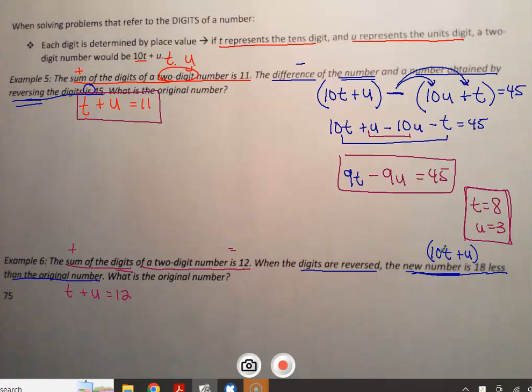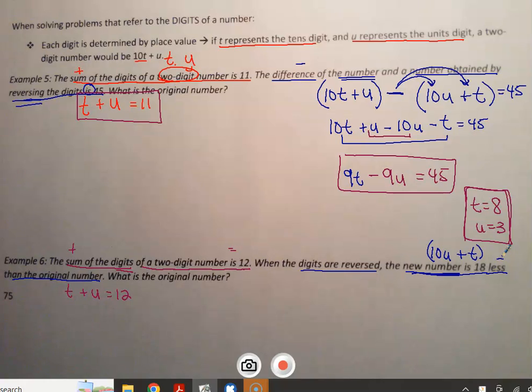Hold on though. This is the actual number. In this case, the digits are reversed, so I need to reverse those digits. So it's going to be 10u plus t. Is 18 less, less means subtraction, than the original number. So the original number is that 10t plus u.